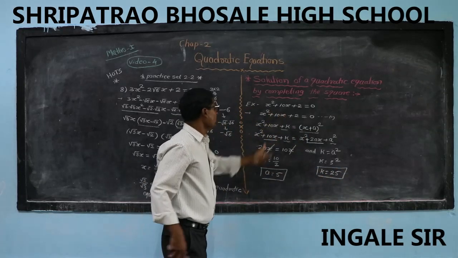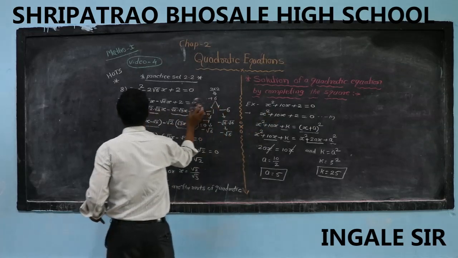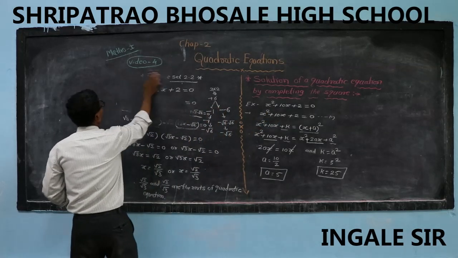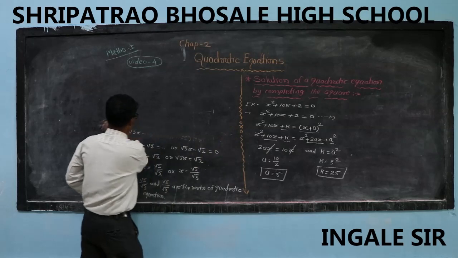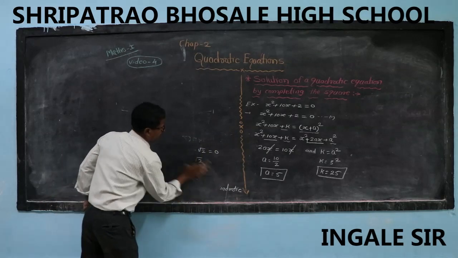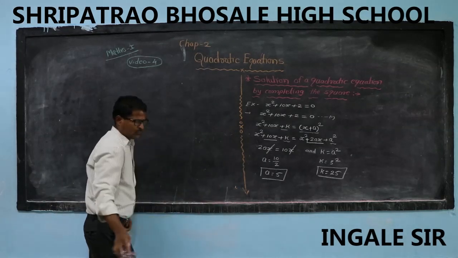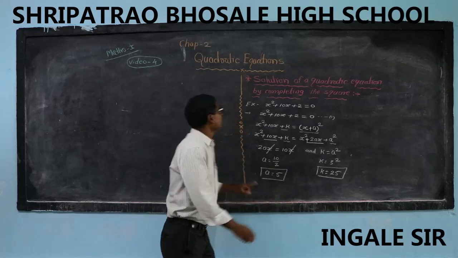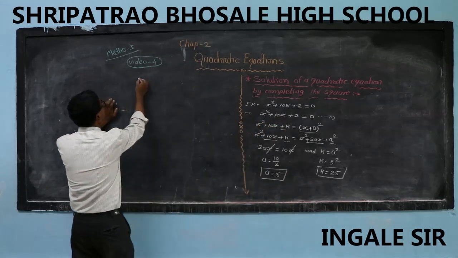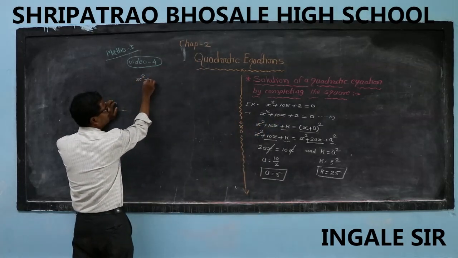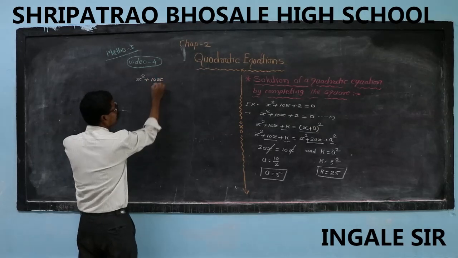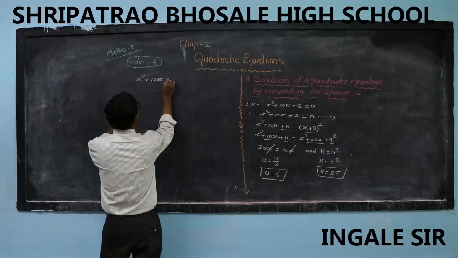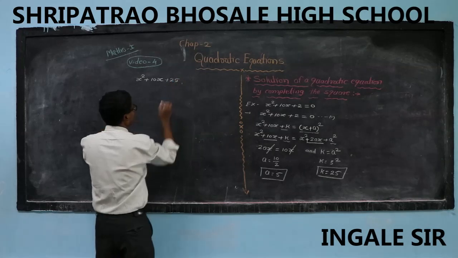Now we have to find the value of k. Put this value in the above equation number 1. When we put the value of a here in equation 1, we get x² + 10x + 25.